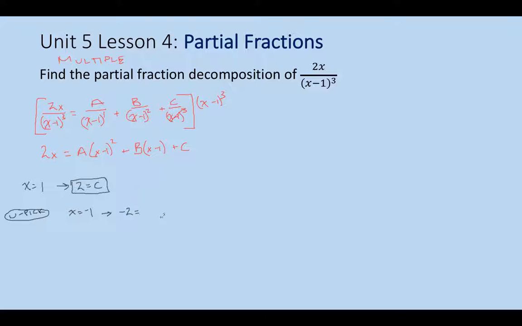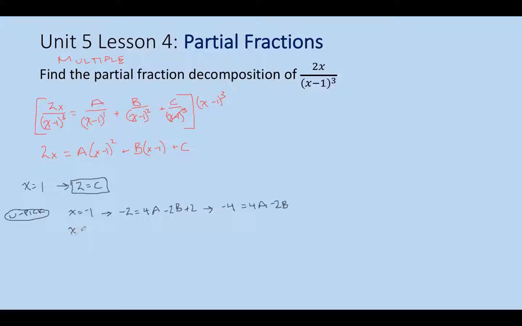Negative 2 squared is 4, so I've got 4a. And when I plug in negative 1 here, I get negative 2, so minus 2b. And I already know that c is equal to 2, so I'll also say plus 2. And if I subtract 2 from both sides, I can now call this negative 4 equals 4a minus 2b.